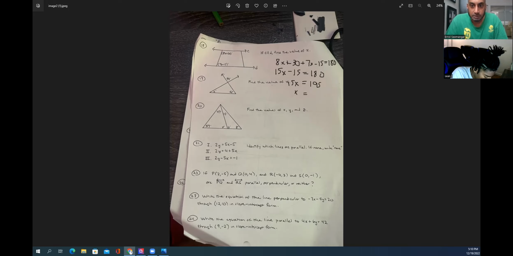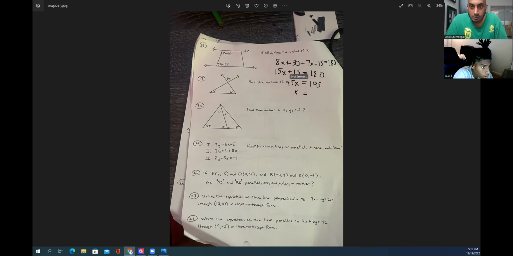What is that? 180 plus 15, you mean? Yeah, I added both of them. I got plus 15, I didn't get minus. Yeah, so when you add 180 and 15 on the right side, it's 195. Okay. 8x plus 30 plus 7x minus 15. 15x. Oh, sorry, no, you're right. My bad. It's 15x plus 15.